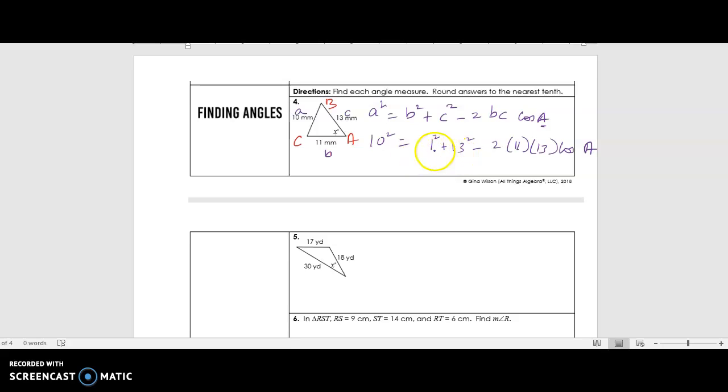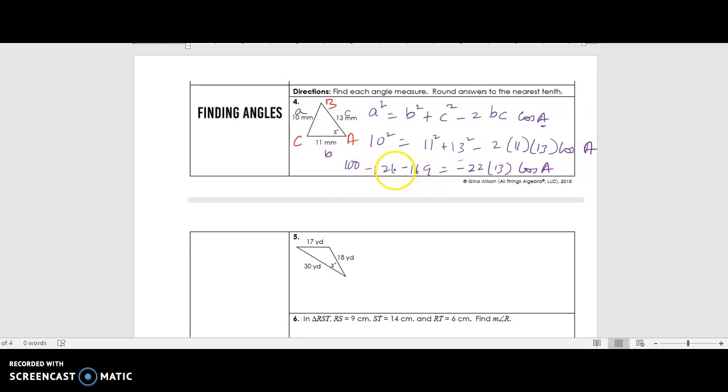So which means that we need to find this out separately and then subtract from 10 squared. Okay, so that would be 100 minus 121 minus 169 equals negative 22 times 13 cosine A.